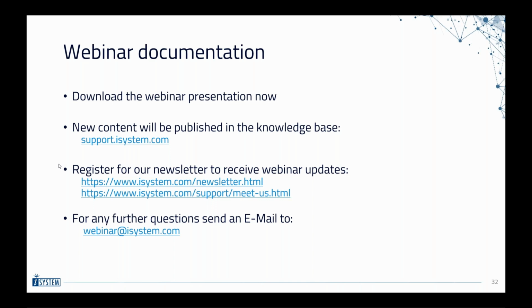Good answer. Next question. Can we run our own manually written Python scripts that use the iSystem SDK? Sure. In my last webinar, I gave an overview of how to use iSystem.connect or iSystem.test, and you can write your own script.